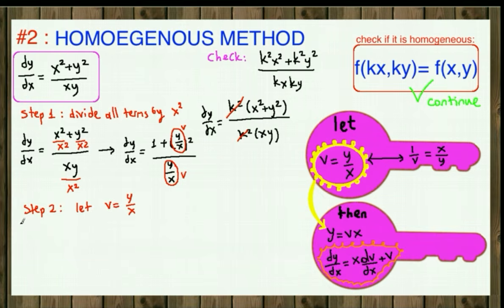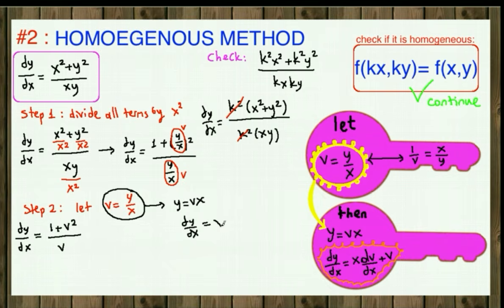Okay, now let's rewrite the equation. dy over dx equals 1 plus v squared, because we have a square here, over v. And in this equation, y equals v times x is our key component, and we need to differentiate this function. If we differentiate this, what we're going to get is dy over dx equals, by the product rule, x times dv dx plus v.